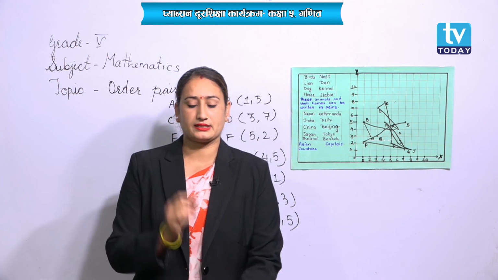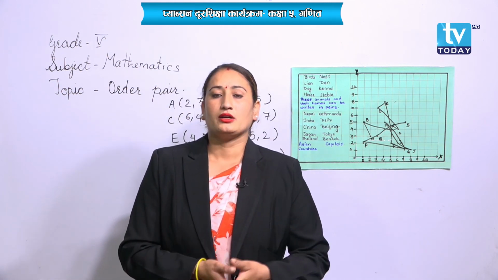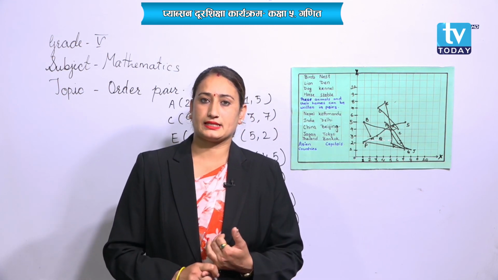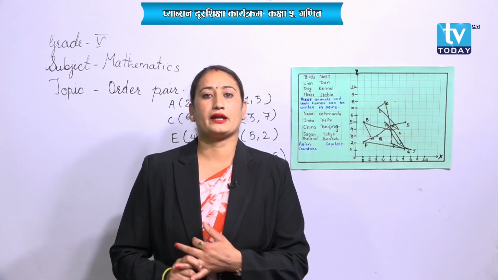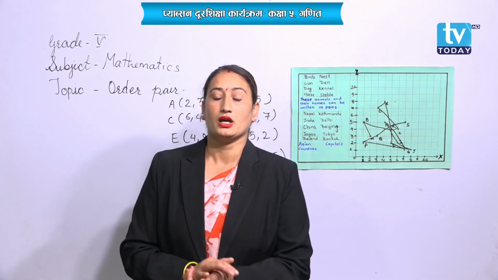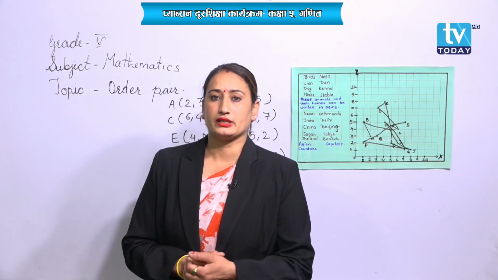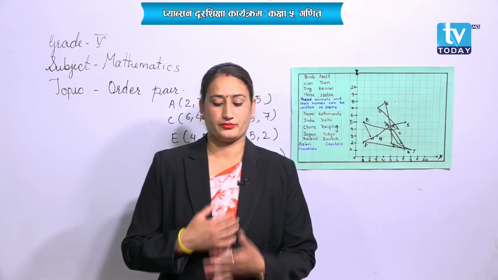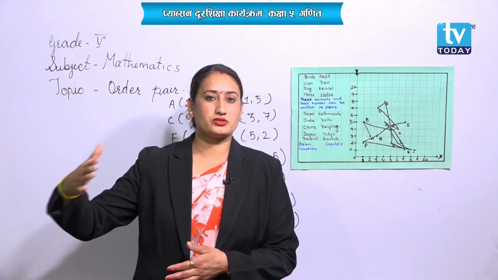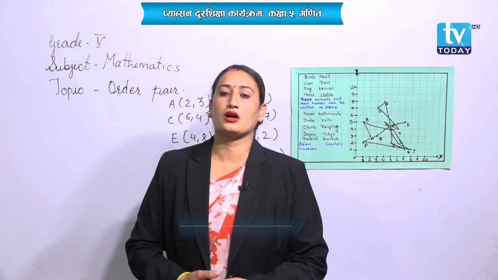So let's have a short review of it. After learning ordered pairs, we must know about the x-axis, y-axis and coordinates. That is coordinate points. So coordinate points and x-axis are related to each other. The x-axis belongs to the row side and the y-axis belongs to the column side.